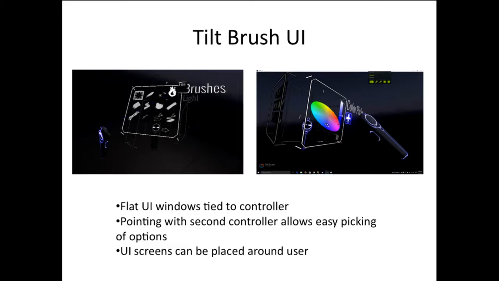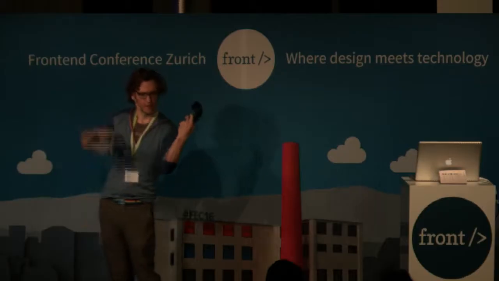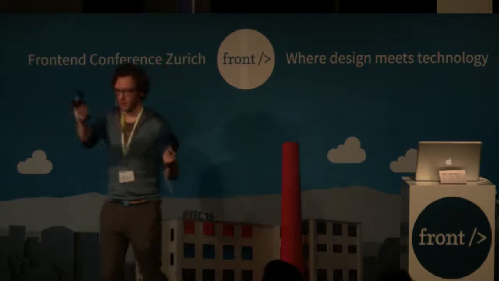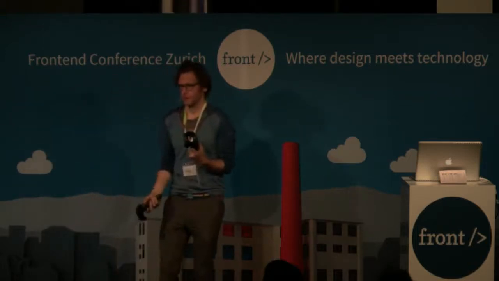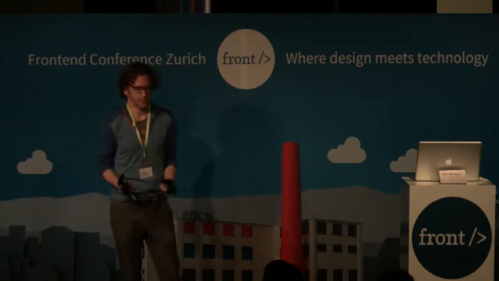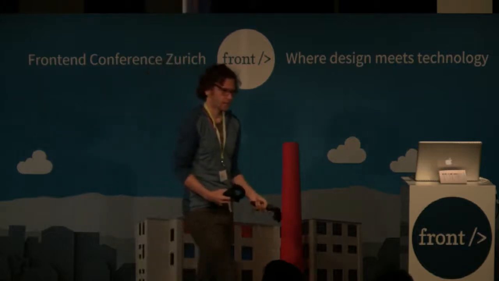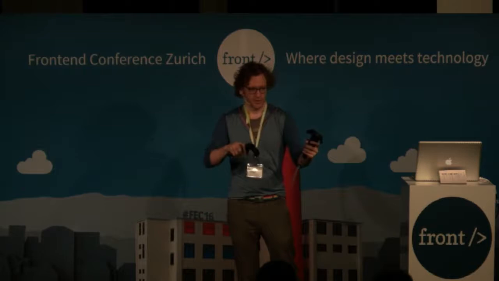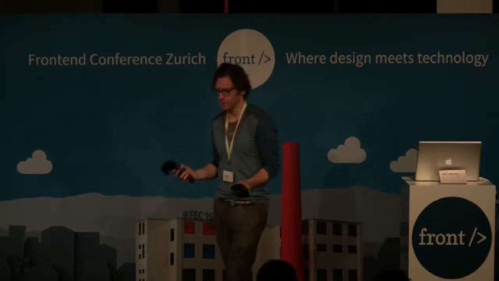And so I would point here, and then 3 planes come up. And I can look here, I can look this way, I can look that way, and then I just point, I pick a new color, I pick a new brush, and then I go back to creating. And so it's a very fluid, very easy way to access a UI, create an interaction in the environment, do an undo, go back and forth between the two.